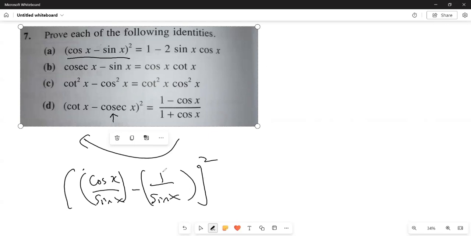Okay, see, now, that is my left-hand side. One trick is don't expand first, all right? Take common denominator first. That comes from experience, because if you try to expand, you get cosecant square, cotangent square, and 2 times cotangent cosecant.